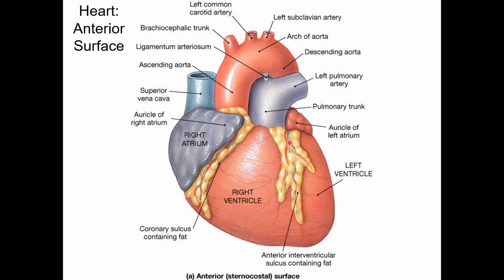These sulci contain the blood vessels of the heart. You notice the arteries and veins of the heart are always located in collections of fat, fat pads, and inside them are the arteries and veins that nourish the heart.